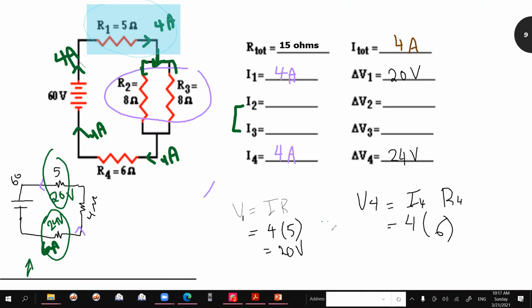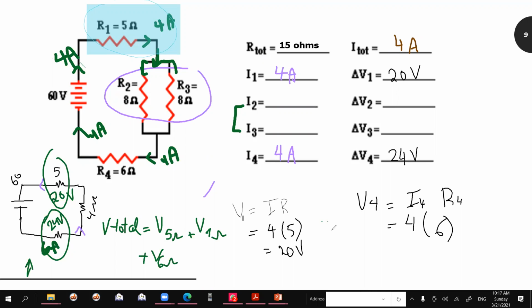I mean like that, the V total will be V at 5 ohm plus V at 4 ohm plus V at the 6 ohm.